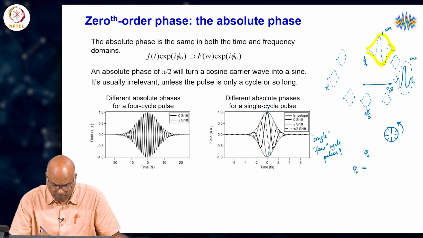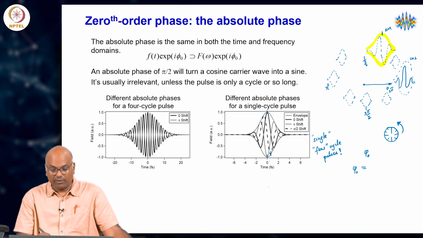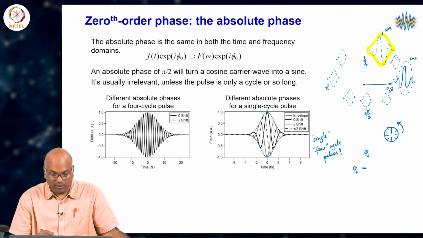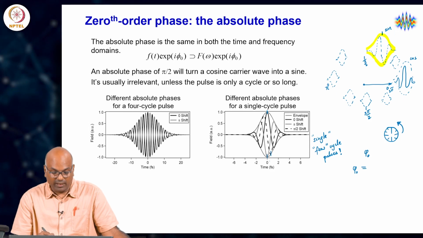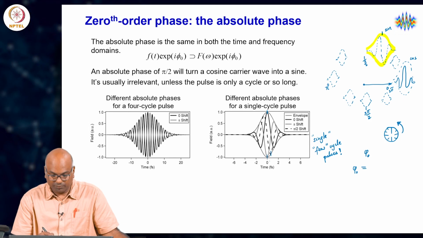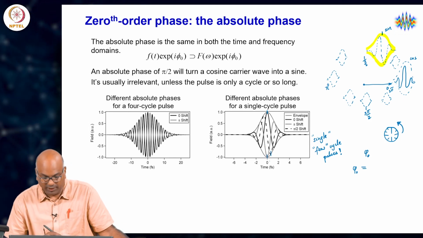For the pi shift, it is shifted by a phase factor pi with respect to the maximum of the envelope, that is, the nearest carrier maximum is shifted by pi. We will see this in some more detail later on.